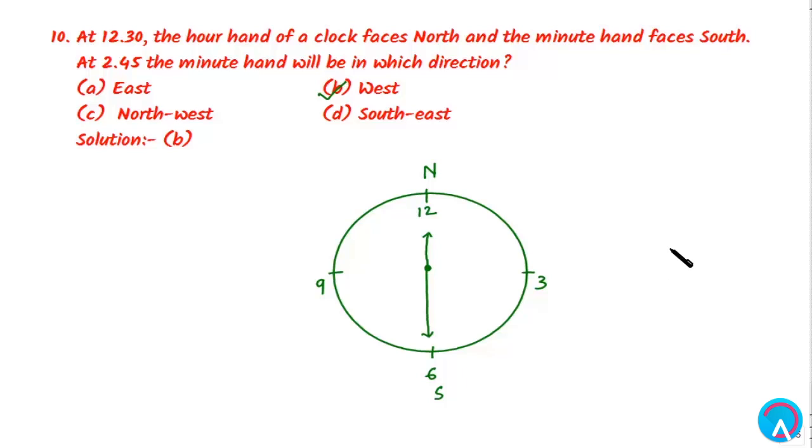So, let's see what will be the position at 2:45. So, this is 1, this is 2. The hour hand will be in this direction, and at 45, the minute hand will be in this direction. So if this is north, this is south, then this is west. So B is the correct option.